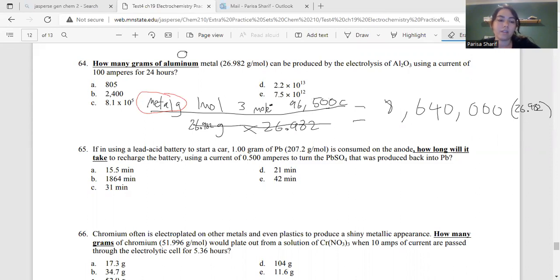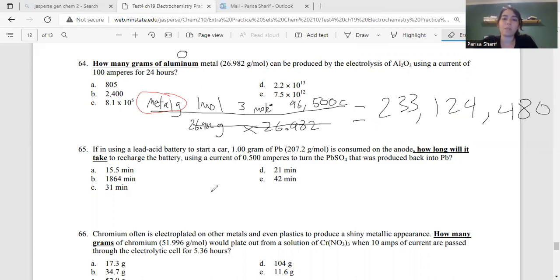Right, so now I get an even bigger number. Let's write down what we get. Cool. So now everything's going to be isolating this guy, finding out the number of grams of aluminum.